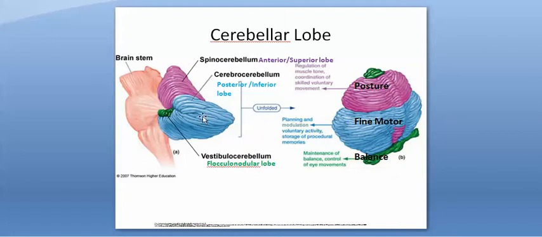And then we have this blue lobe here, the cerebrocerebellum, which is responsible for fine motor control, planning and modulating voluntary activity, and also for stores of procedural memory. So maybe you have a whole schema for when you're washing your hair or brushing your teeth, and you're not thinking about that consciously. You're just going through the motor plan.